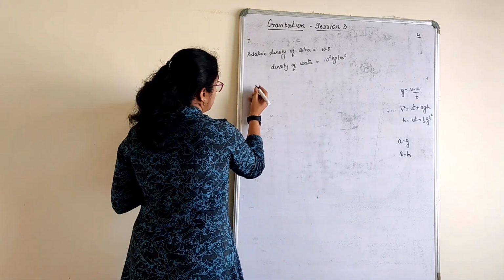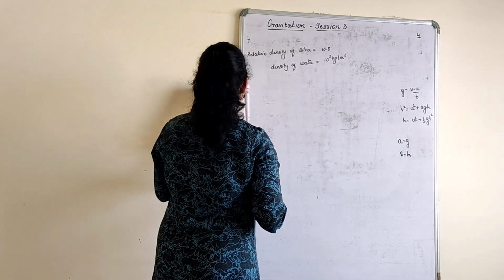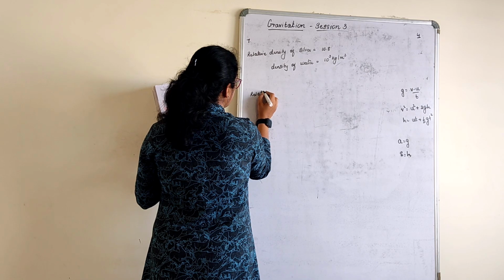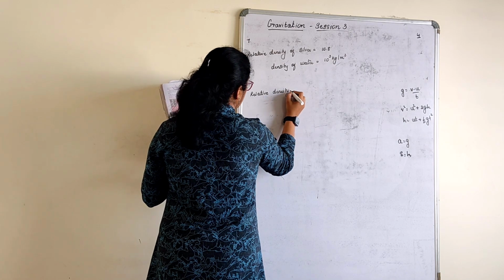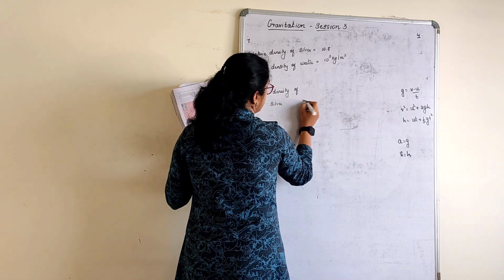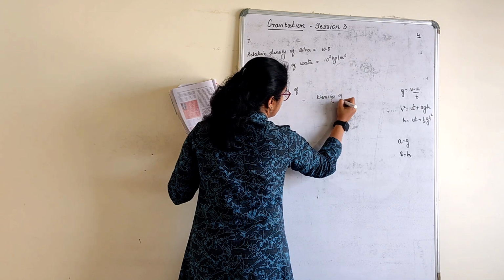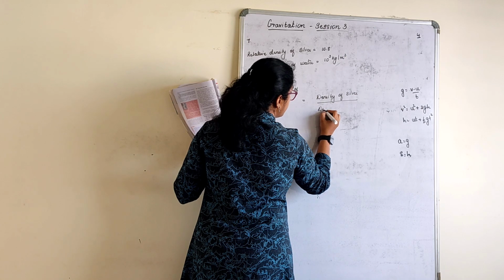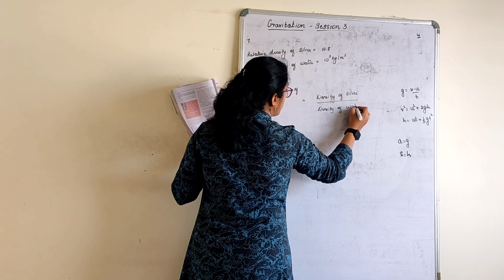Now formula, what you have to find here? What is the density of silver in SI unit? So relative density of a substance is equal to the density of the given substance, density of silver, divided by density of water.